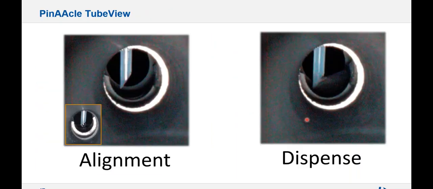And what's very nice about the Pinnacle systems is we have a camera, so it's very easy to track the dispensing of the solution to make sure it's dispensed completely.